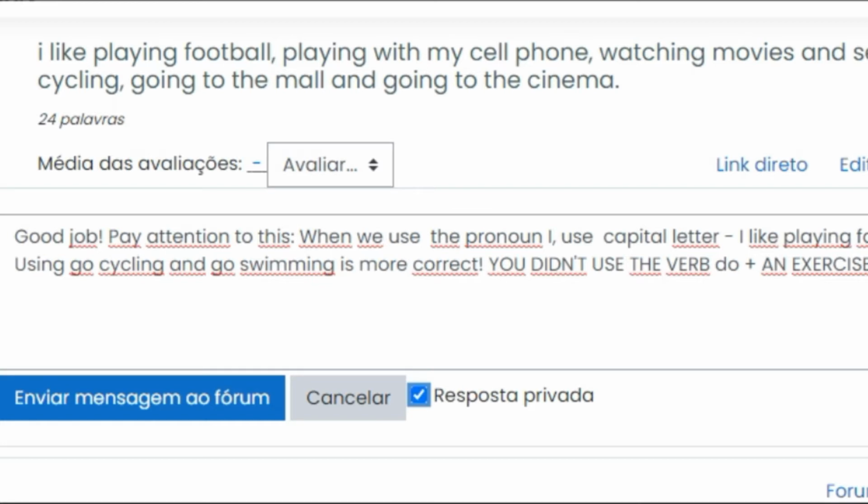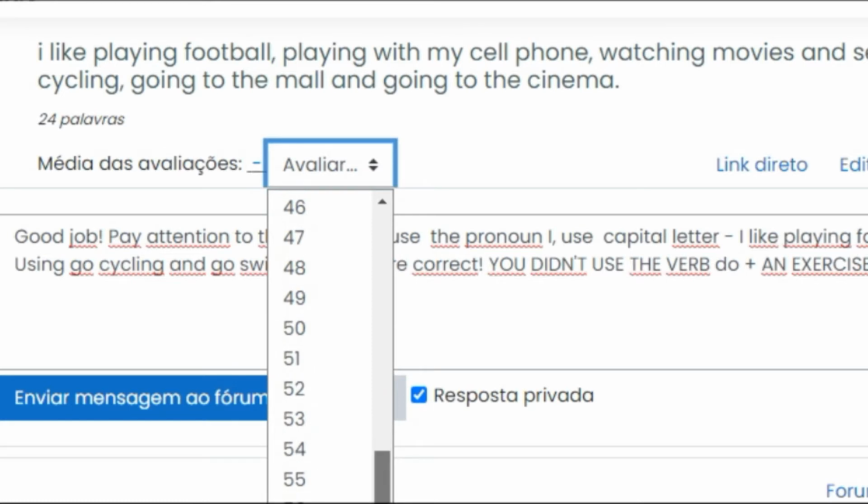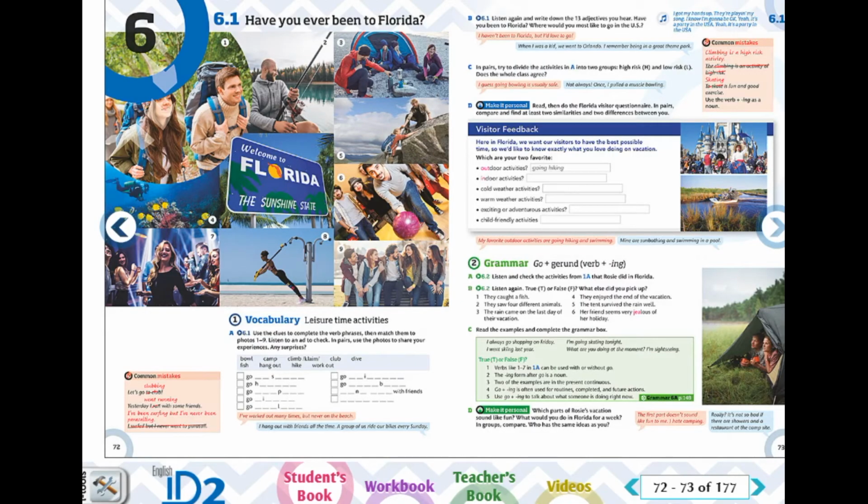And then I give you a private answer and I evaluate you with a good grade because you wrote very well. So your grade is 98. Congratulations, right? That's it.